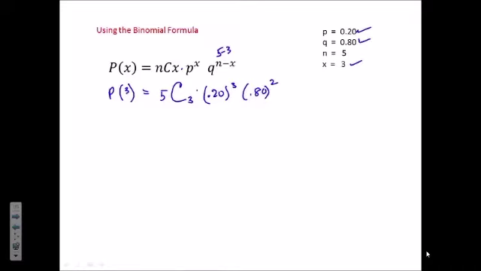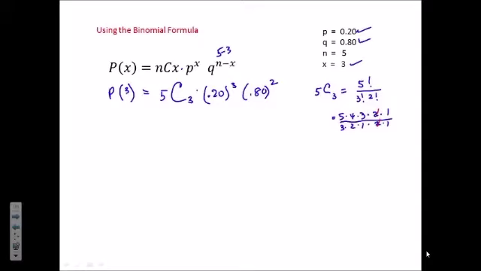Now, you could do this by hand. 5C3 is 5 factorial over 3 factorial, and then 5 minus 3 factorial is 2 factorial. So this is 5, 4, 3, 2, 1 over 3, 2, 1 times 2 times 1.